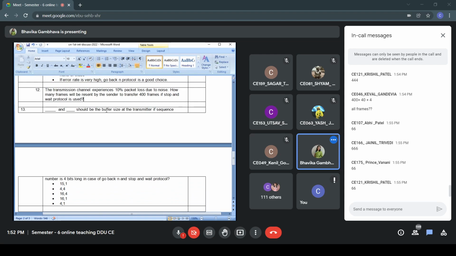What will be the buffer requirement at the transmitter if the sequence number is 4 bits long in two protocols, Go-Back-N protocol and stop and wait protocol? Can I please hear from one of the girls an answer to this one?